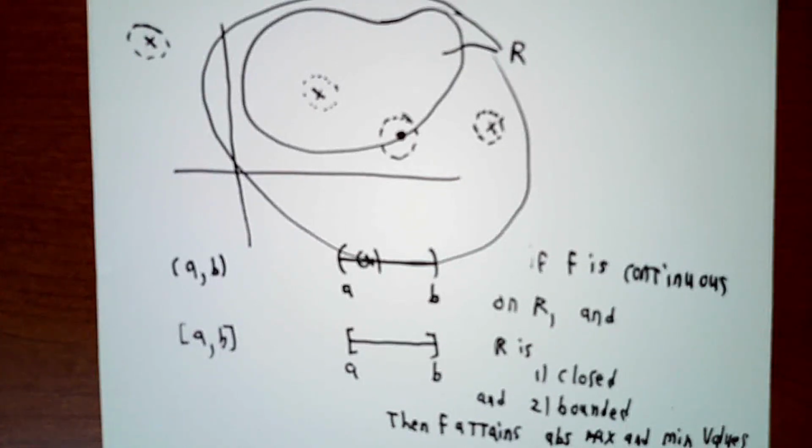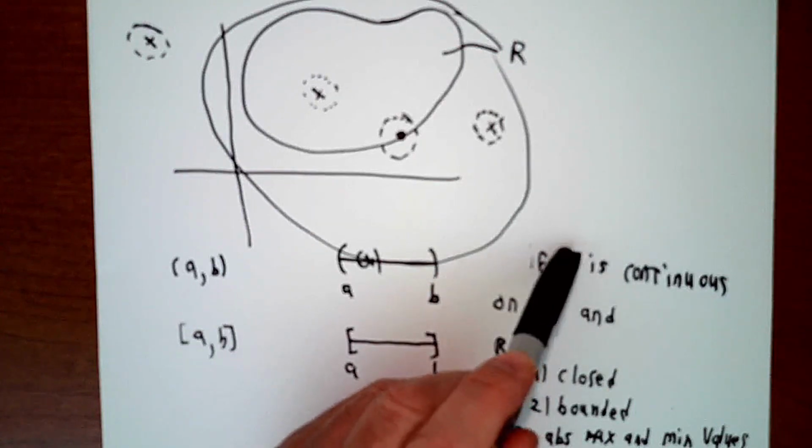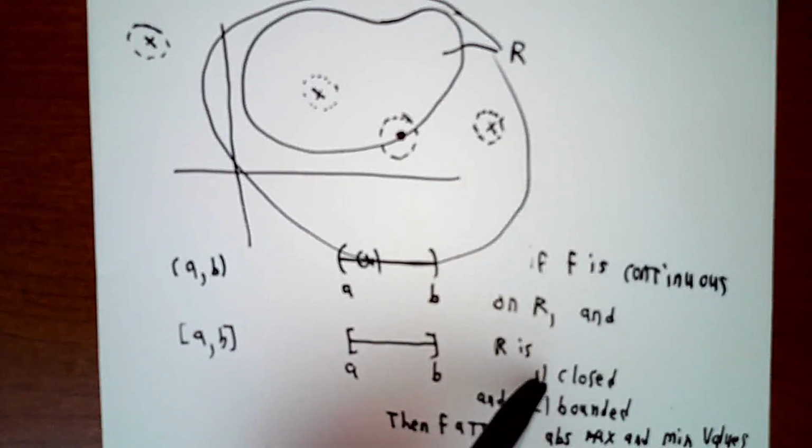It's worth mentioning that if this is true and that's true, then you get the absolute maximum and minimum. The converse, though, doesn't mean the same thing. It's possible to have a function that's not continuous every place.